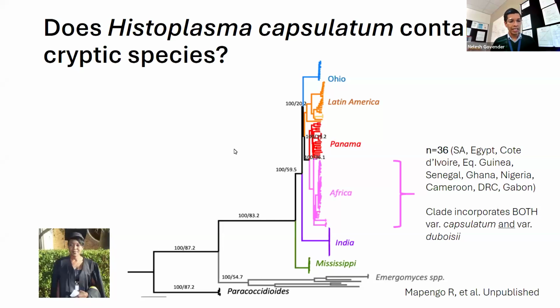So even though the yeasts look morphologically different in body fluid samples, when you look at the 2 varieties, capsulatum and duboisii, from a genetic point of view, they are actually indistinguishable within that phylogenetic step.